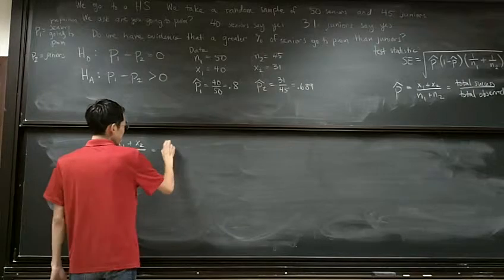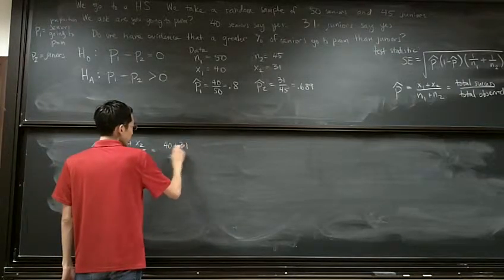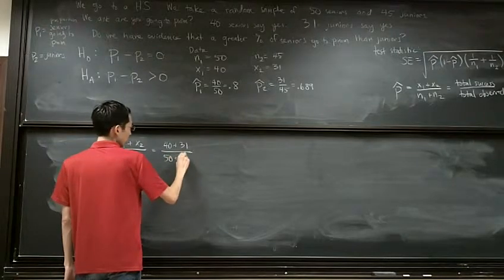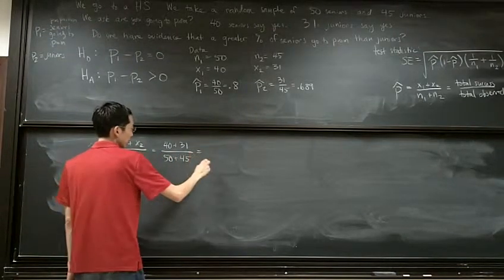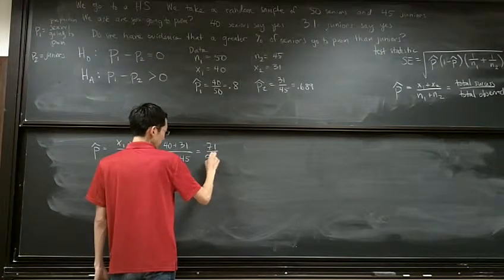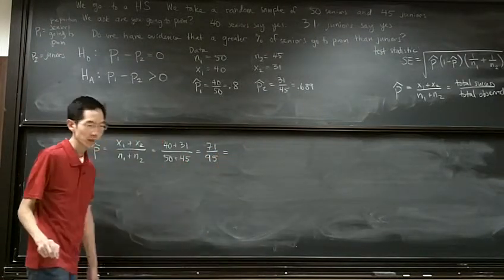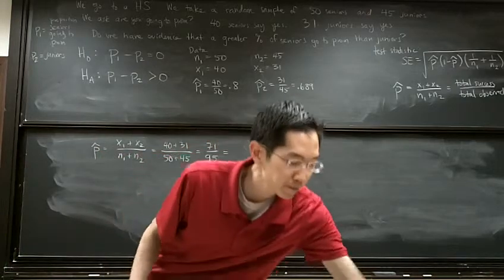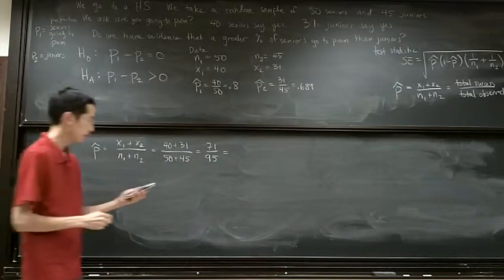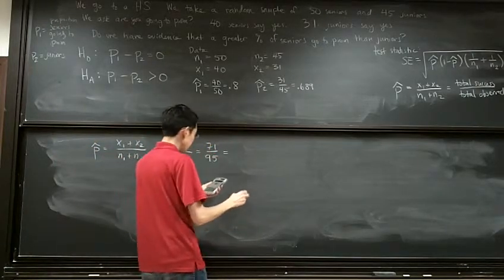So I have 40 plus 31 divided by 50 plus 45. So on the top I have 71 divided by 95. So my p hat is 0.7474.